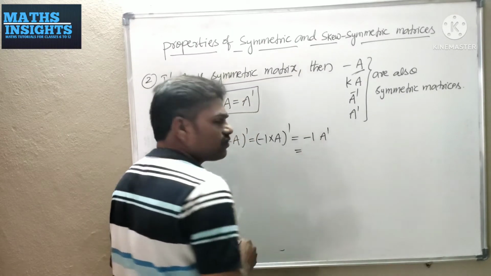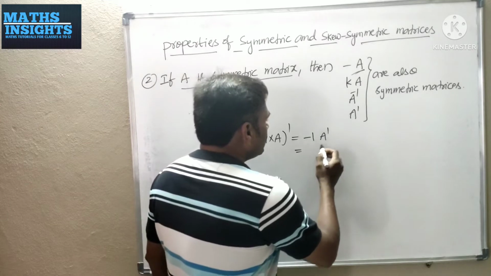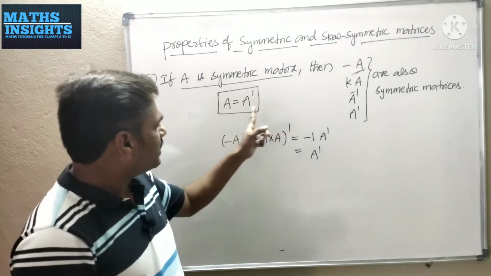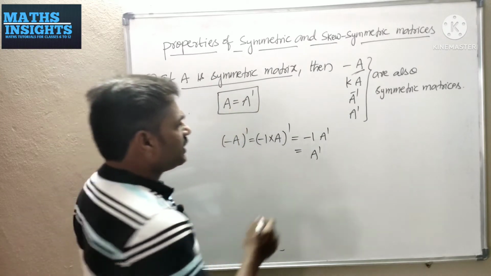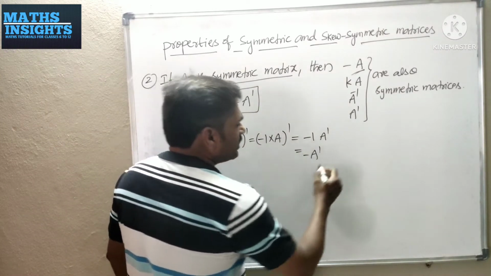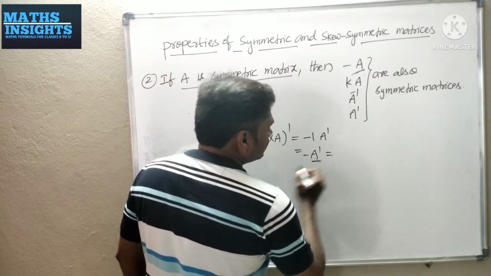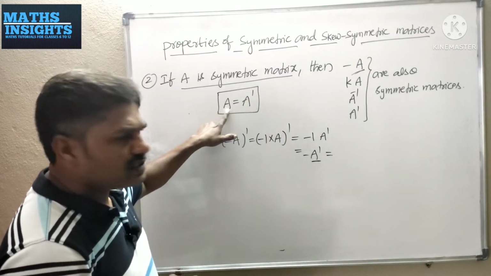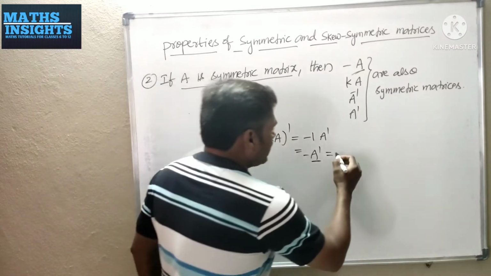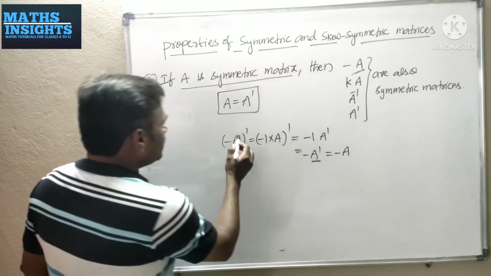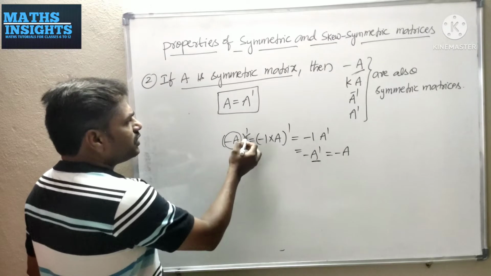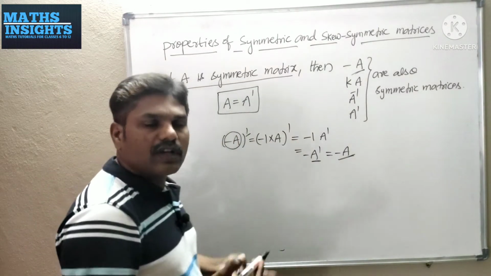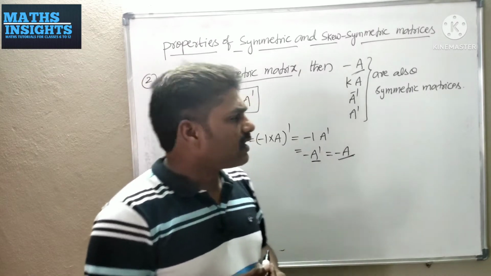But since A is symmetric, A dash becomes A. So in place of A dash, you may write A, and the minus also comes along. Therefore minus A. Whatever matrix you have taken, after taking the transpose you get the same matrix again. Therefore, minus A is a symmetric matrix.